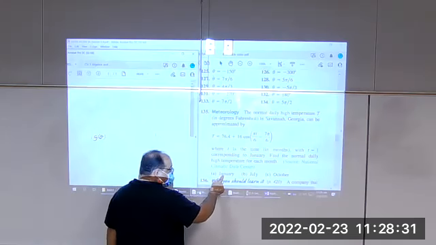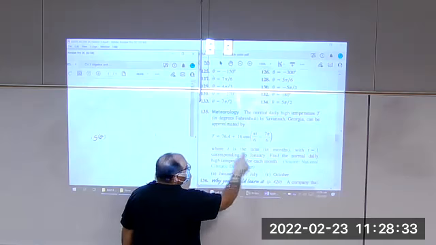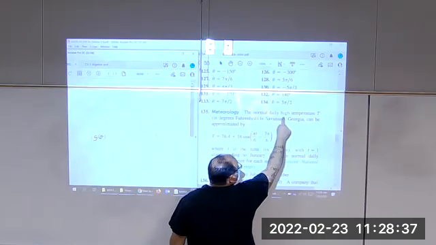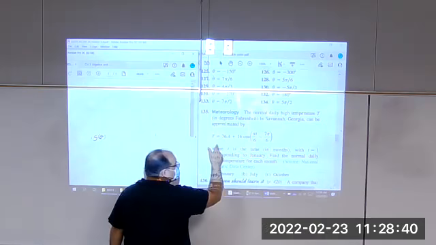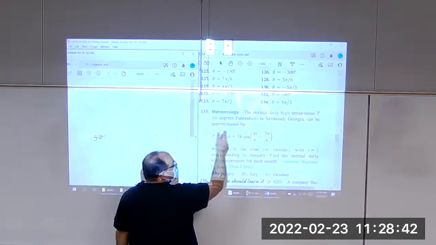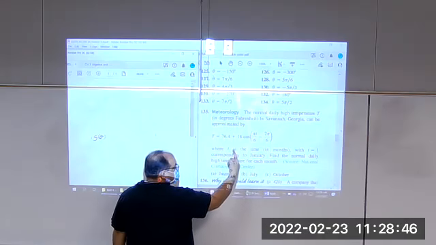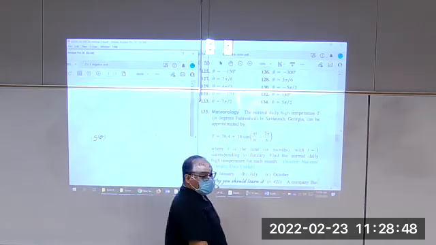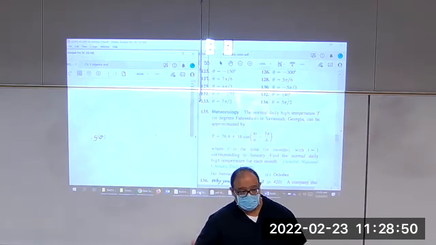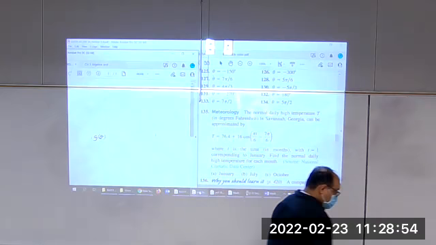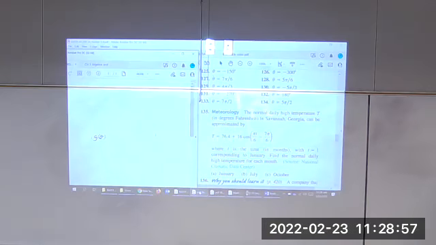That means for January, July, and October. This function represents the normal daily high temperature. So when you plug in 1 for t, that is the temperature for January. If you want July, you have to plug in what? 7. So I'm going to show you how the calculator works.